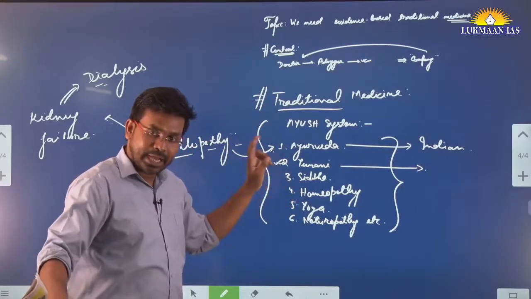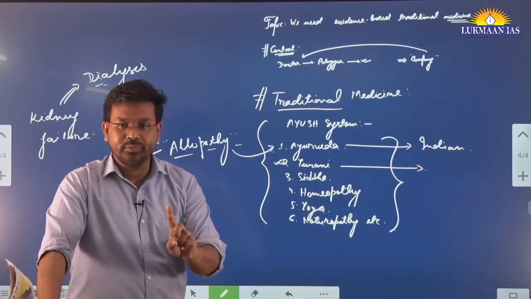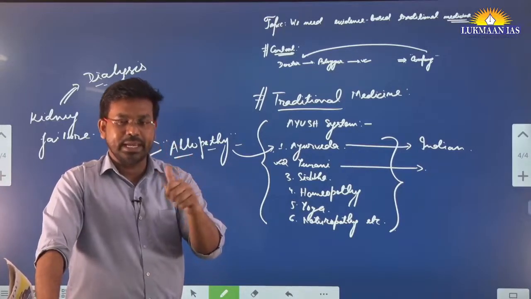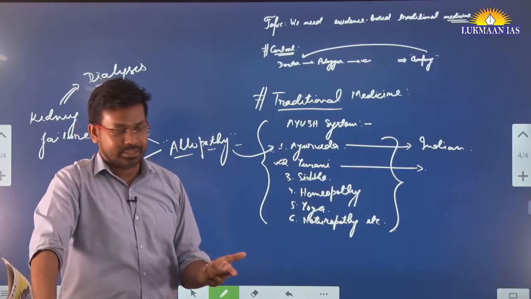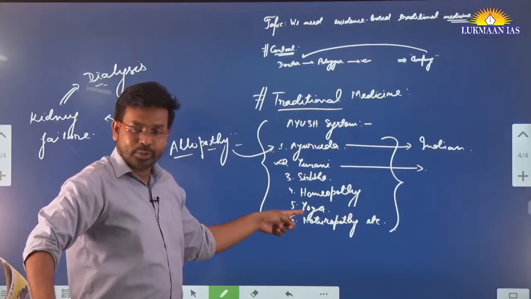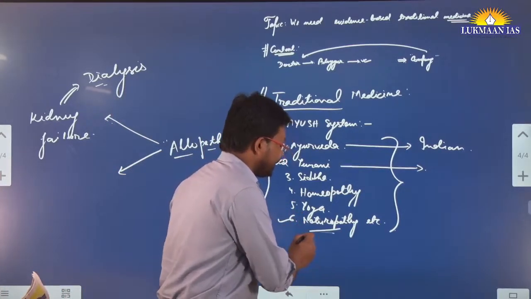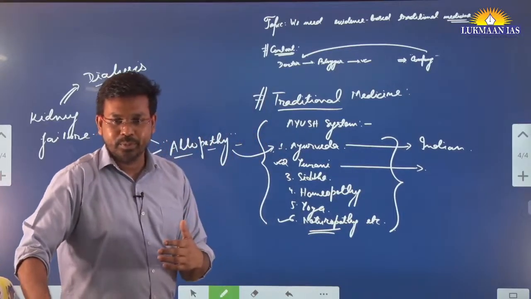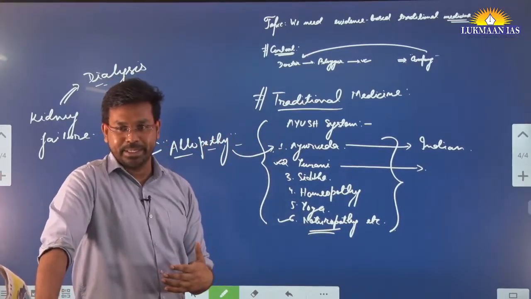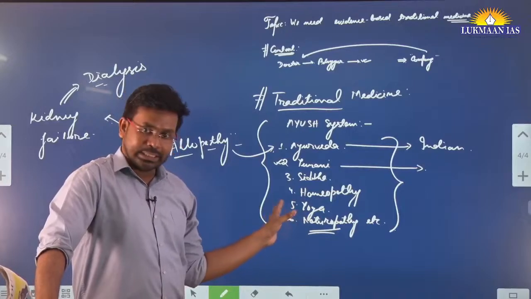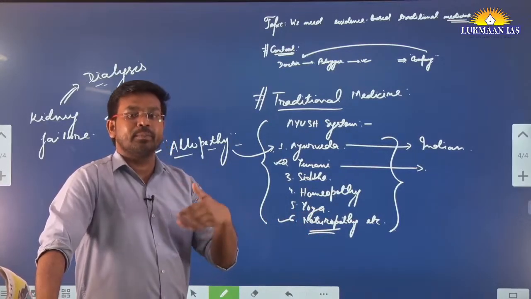All these systems are different from one another in the way, in the philosophy, and also in how they treat the patients. I know a little detail about naturopathy, right? In naturopathy, let's say if you have some ailments, they will do a mud bath.